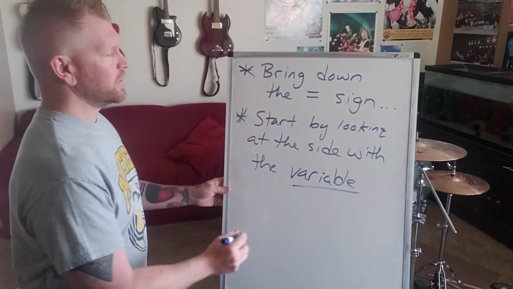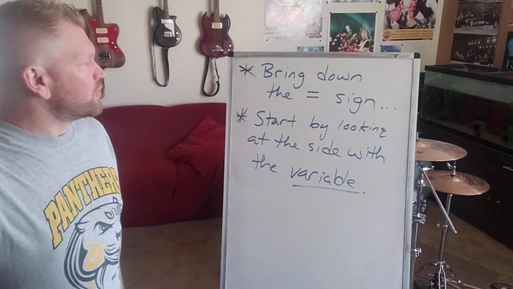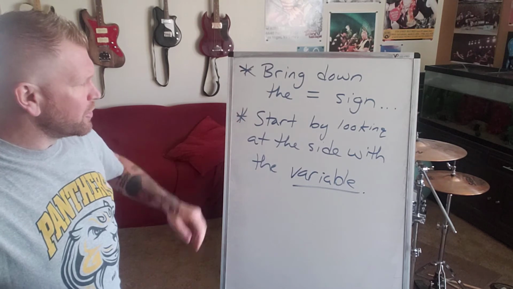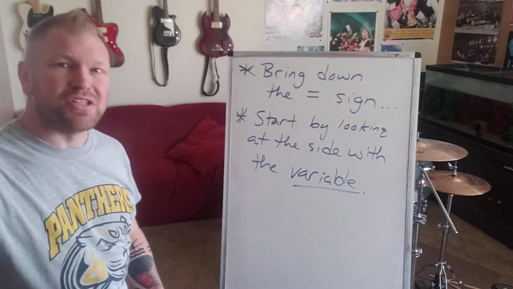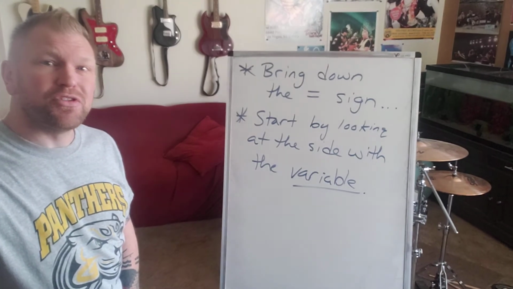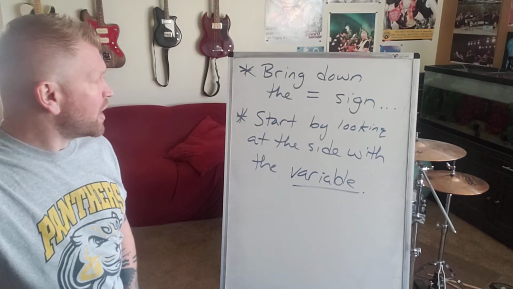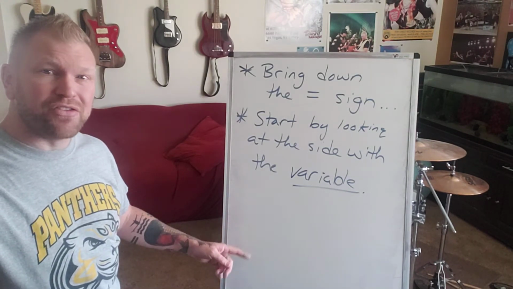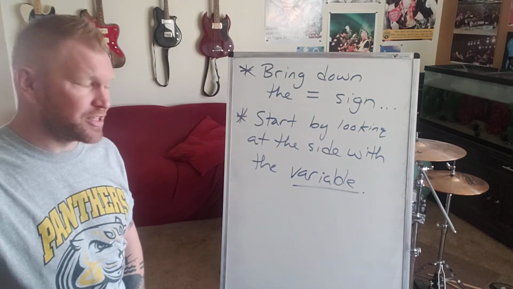The variable is the letter that's there to represent a number. Okay, so you're going to bring down the equal sign. You're going to start by looking at the side with the variable. And again, the variable is the letter that represents a number. We use variables in algebra. Okay, I'm going to show you a few examples about how to actually apply this into solving these one-step equations. Make sure you're caught up. I'm going to erase this in a second, so pause the video if you need to pause it to write that down, and we'll do some examples of solving one-step equations.